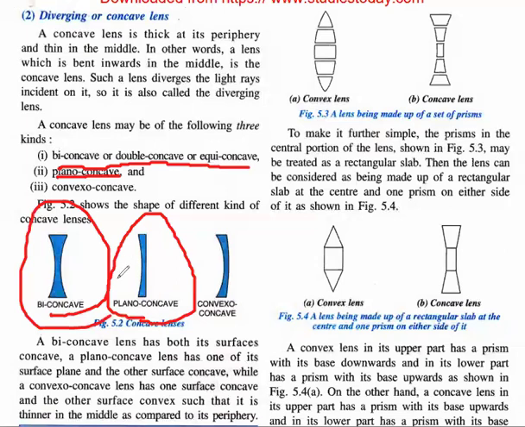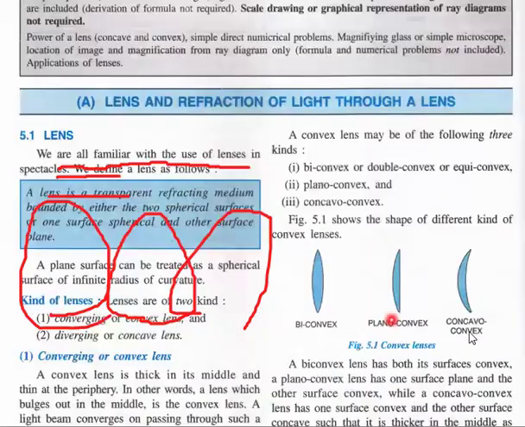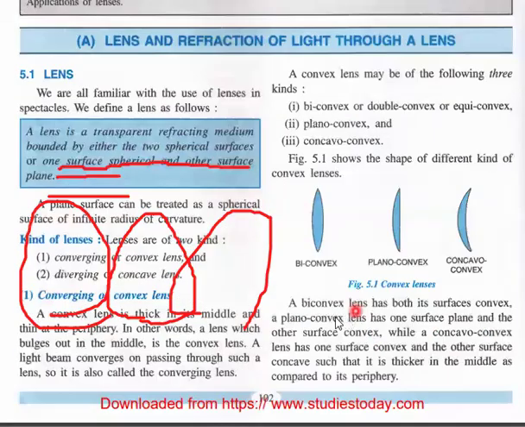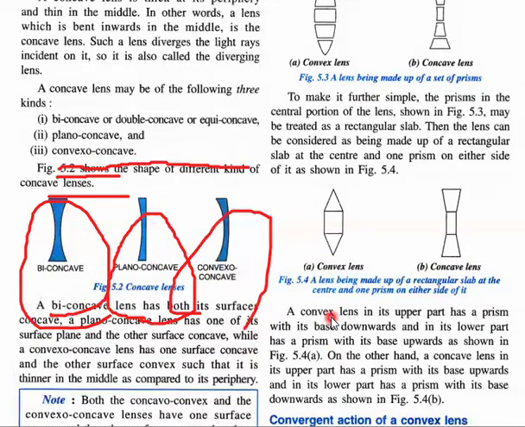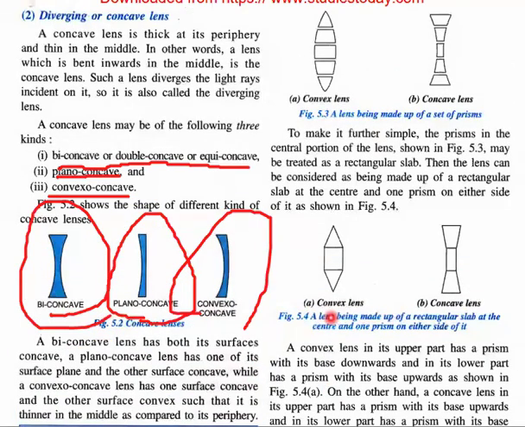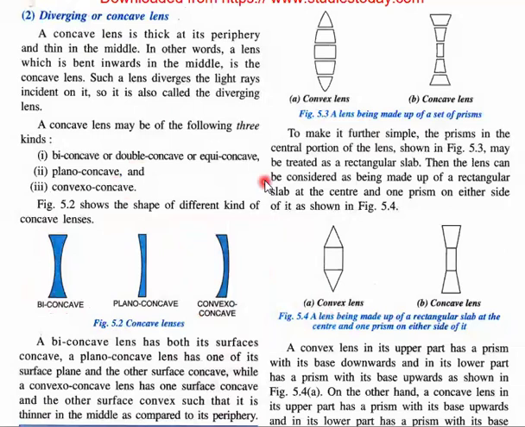For the convex, it was concavo-convex, and for this it is convexo-concave. Right, perfect.